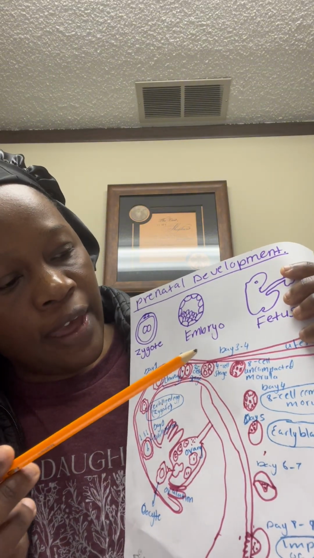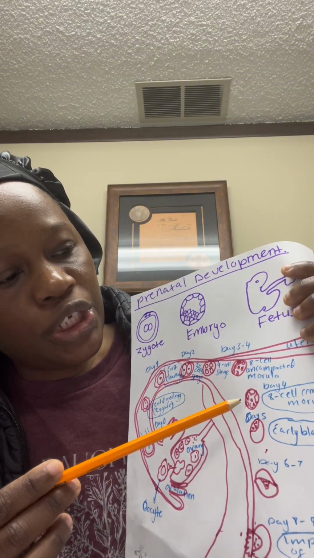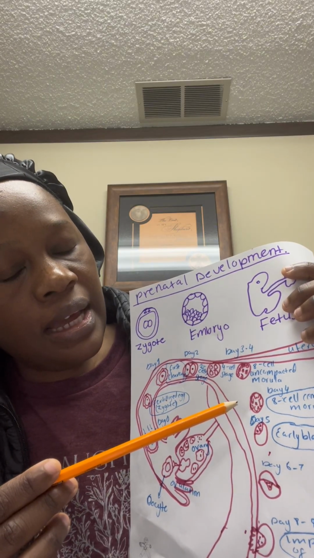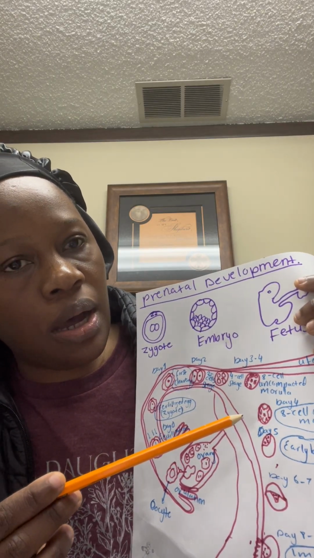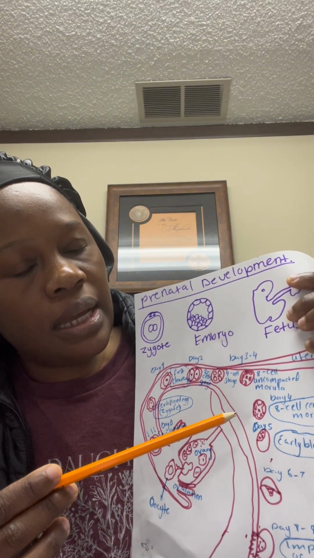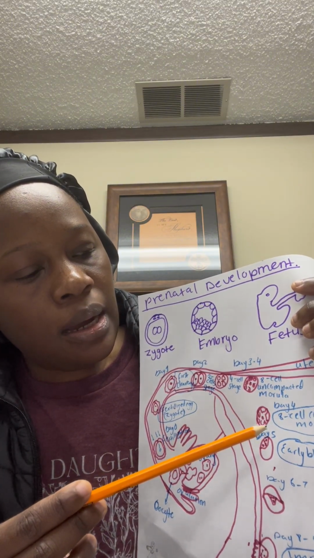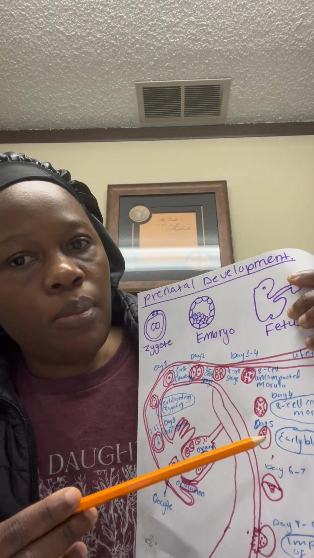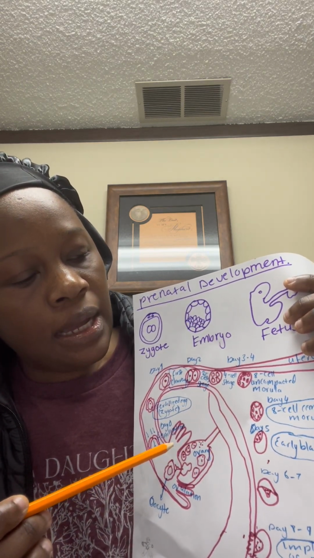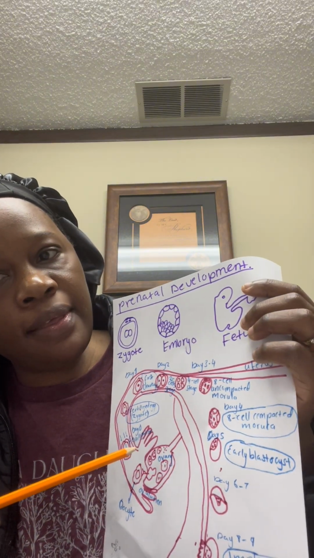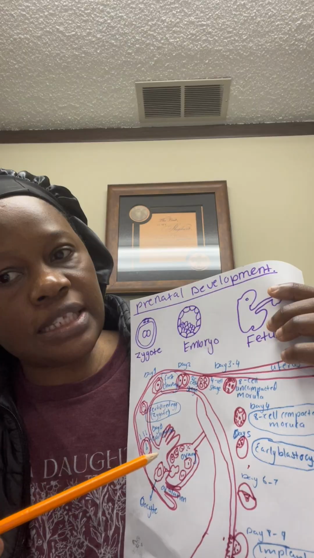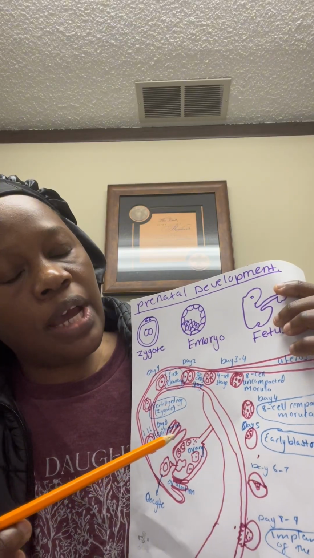The third stage is the 8-cell compacted morula, the stage where there is a solid ball of 16 cells.